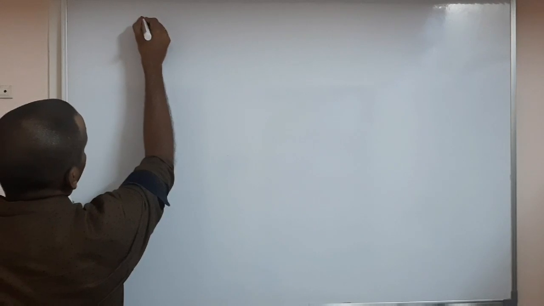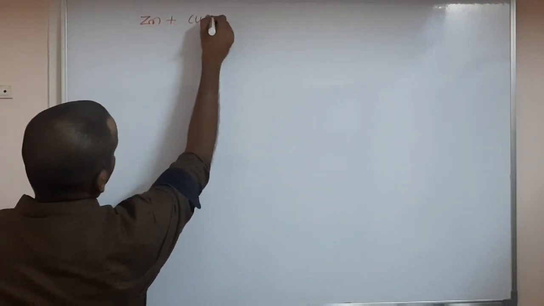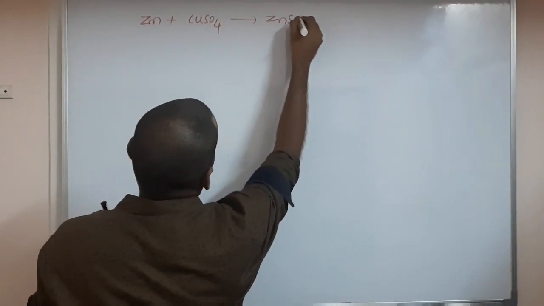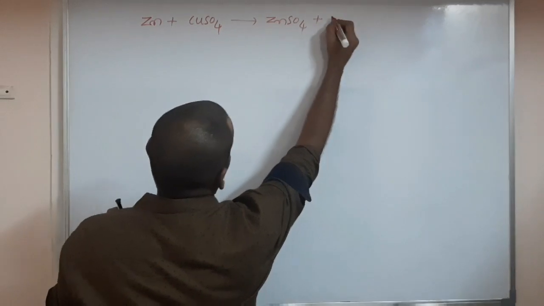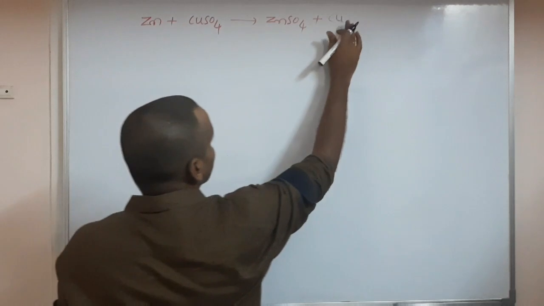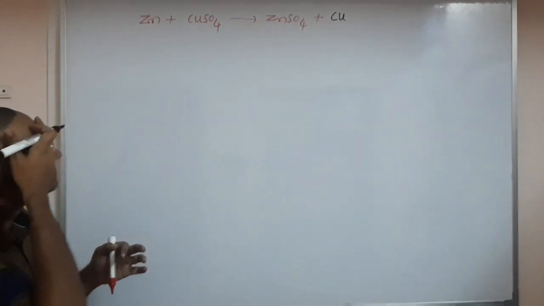See here, I will give you Zn plus copper sulfate converts to ZnSO4 and copper. So, who underwent oxidation? Who underwent reduction?